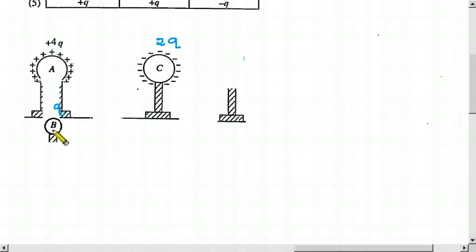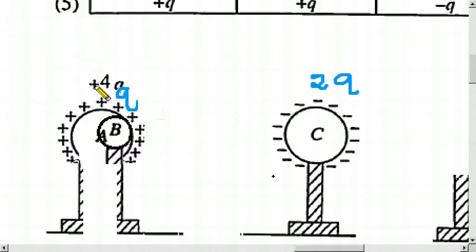So then what happens, this total charge, the simple q, goes to the outside surface and neutralizes with this plus 4q, and the final charge outside is now 3q.